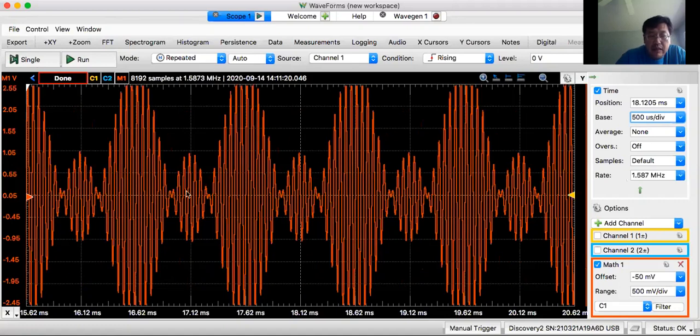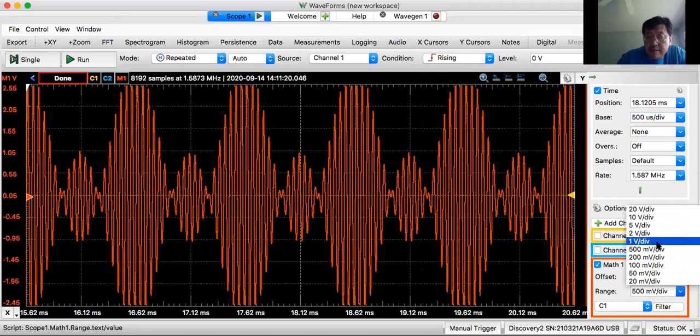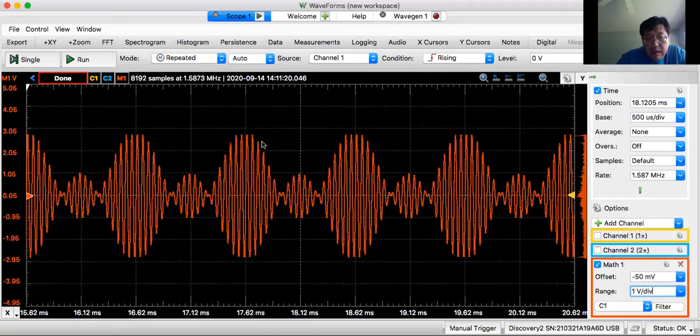So right here, it's called over-modulation. You go to the negative region. So when you over-modulate, when the AM receiver receives your signal, the receiver will detect the envelope.